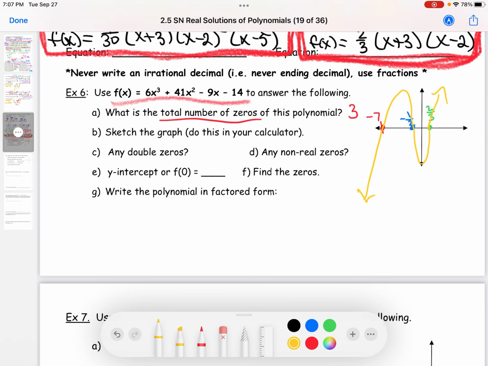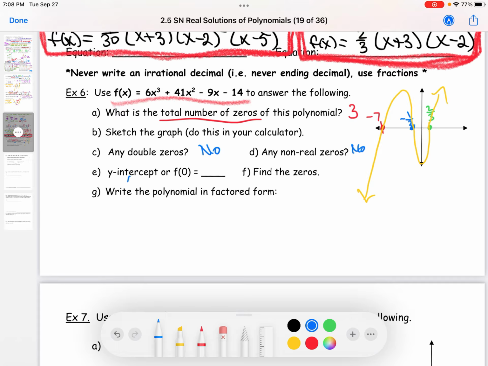Okay? Now, that's the calculator part. Now that we have this graphed, we see that there are no double zeros and there are no non-real zeros. We see all 3 solutions.